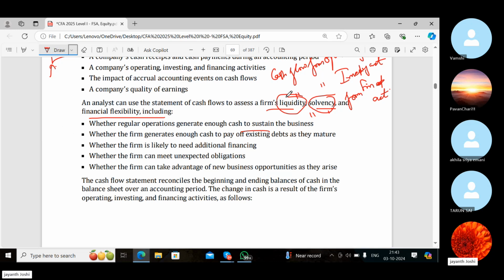And we should see whether the firm is likely to need additional financing, or whether some unexpected obligations are encountered, and then what.